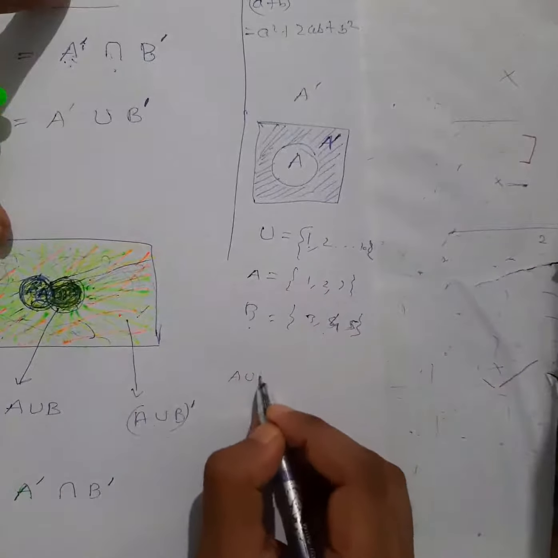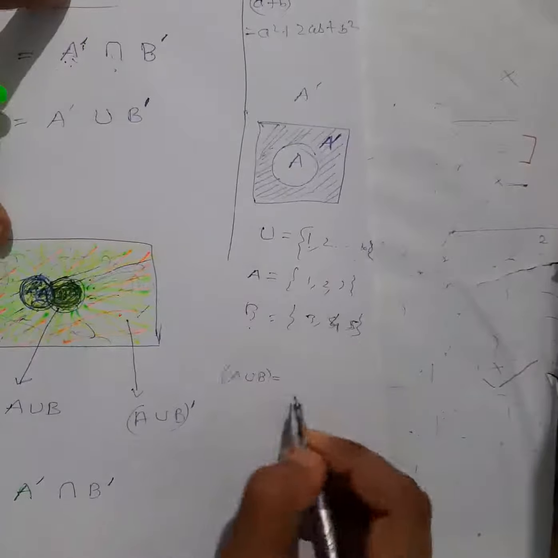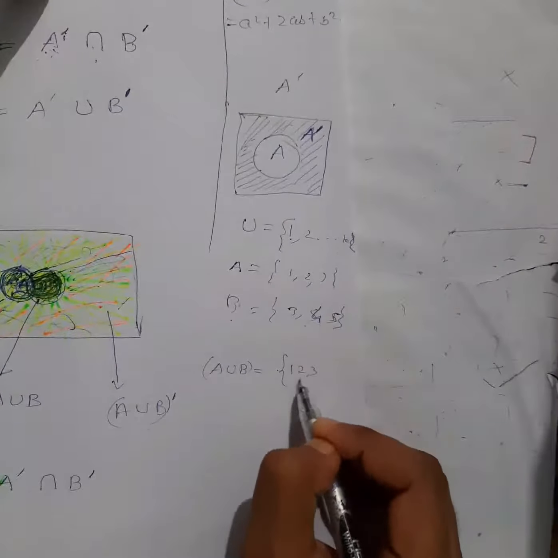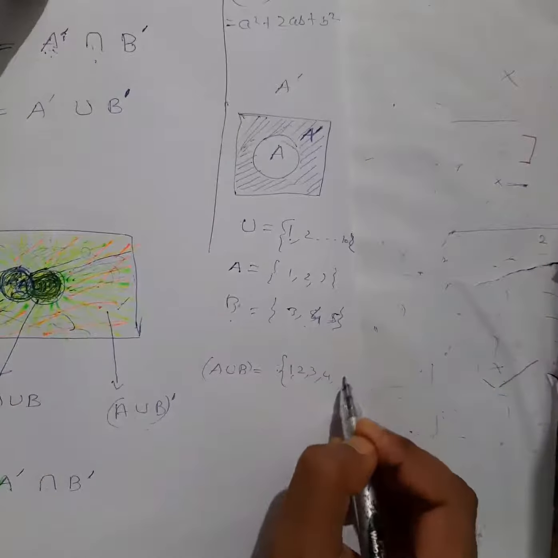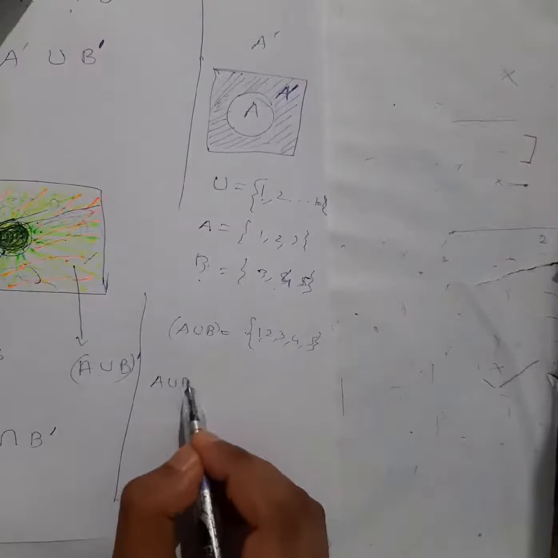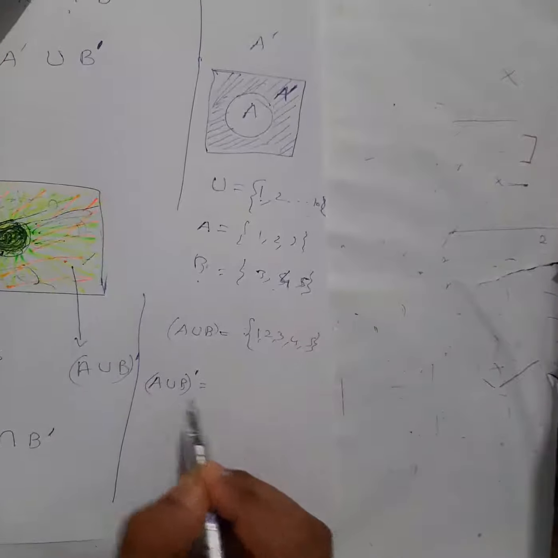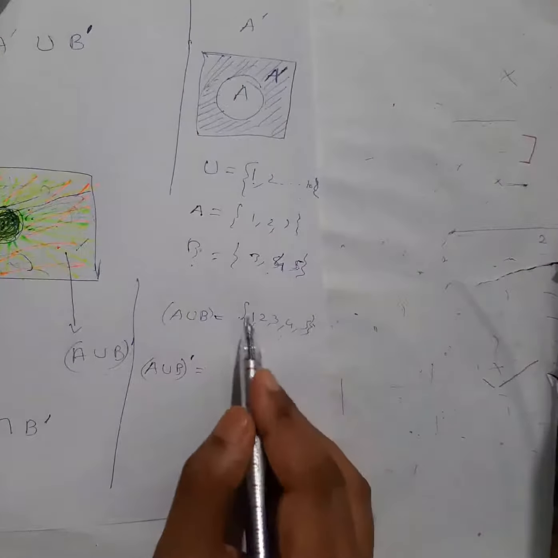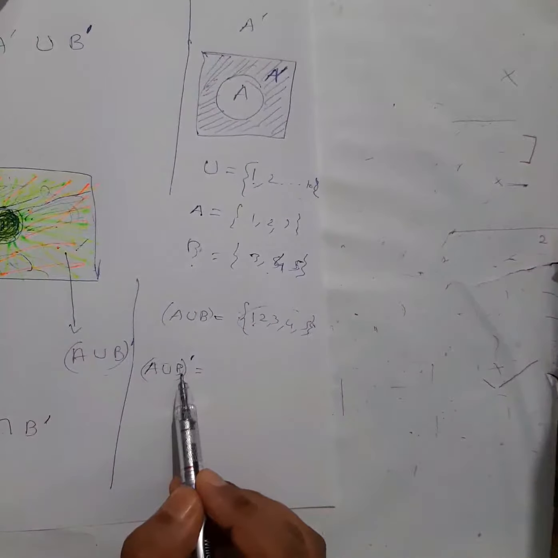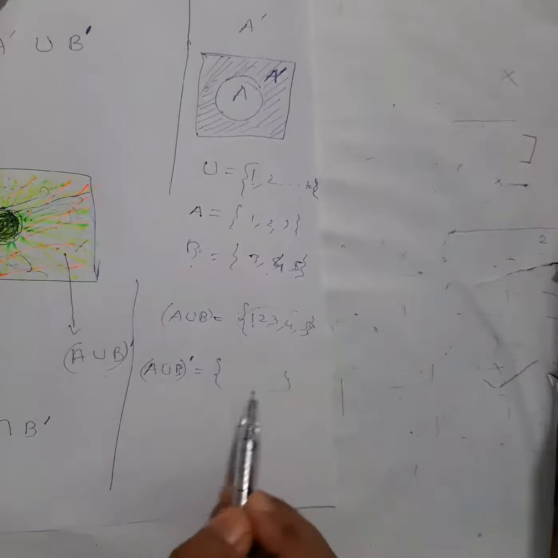So what will be A union B? A union B will be all elements of A and B, right? So 1, 2, 3, 4, 5 will be there. Right? Now what will be A union B complement? A union B complement will be all elements of the universal set other than A union B. From this, whatever elements are there, I cannot take that in the complement set.